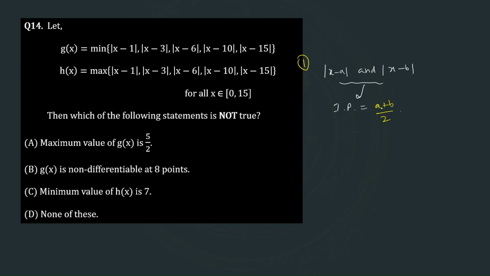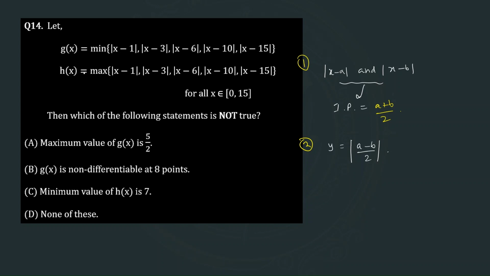So at x equal to (a plus b) by 2, they will intersect. And the second point is the y coordinate at the intersection point x equal to (a plus b) by 2 will always be equal to modulus of (a minus b) divided by 2. So keep these points in mind while drawing the graphs of these modulus functions.